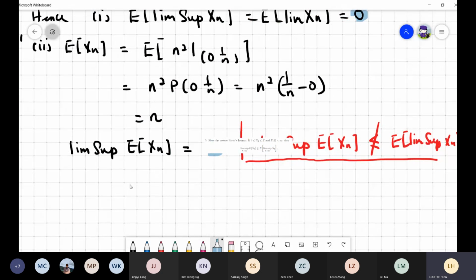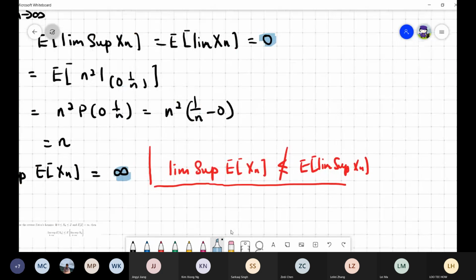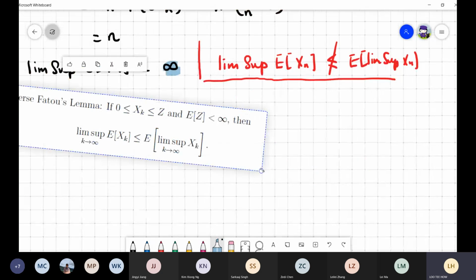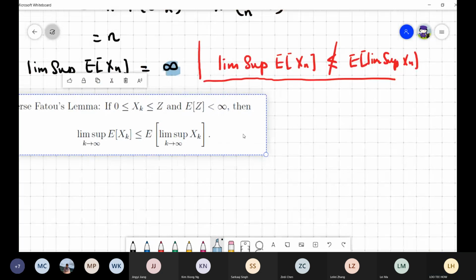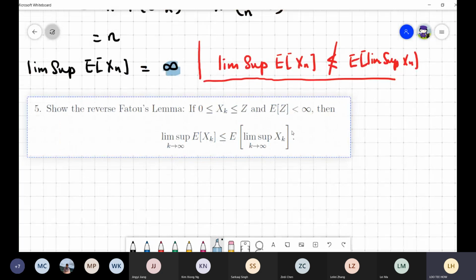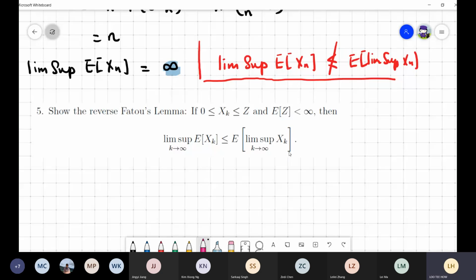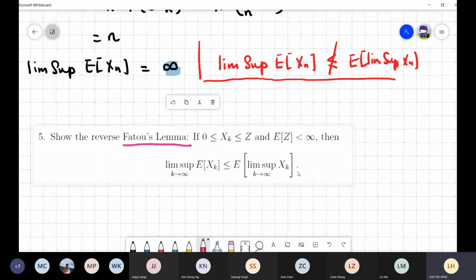Then we just look at the statement for reverse factor lemma question 5. Okay, this is the statement. Reverse factor lemma. So in this reverse factor lemma, we need two hypotheses.